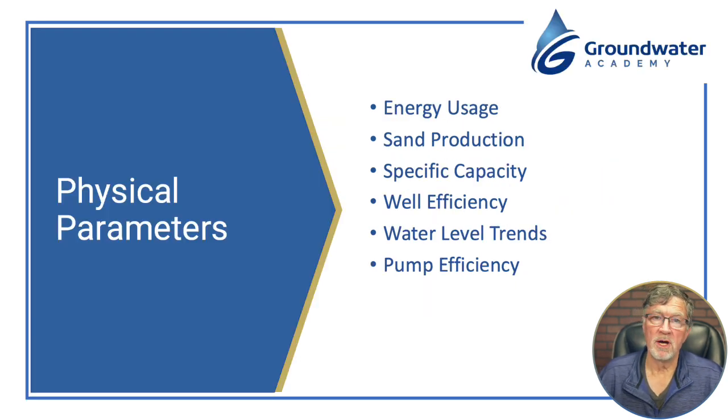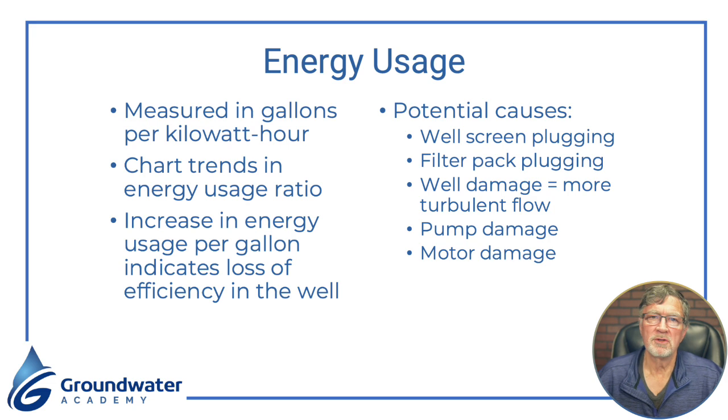Physical parameters. We want to look at the physical parameters as well: energy usage, sand production, specific capacity, well efficiency, water level trends, pump efficiency. These are all things we're going to monitor that are physical parameters. For instance, energy usage is just measured in gallons per kilowatt hour, a very easy measurement.